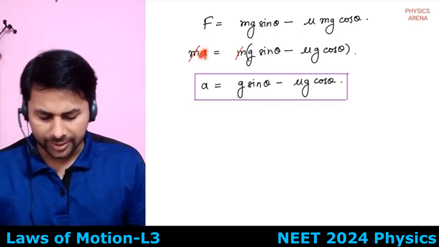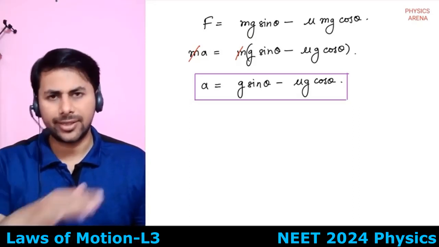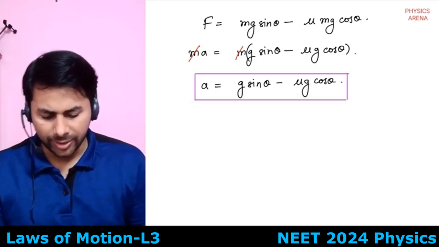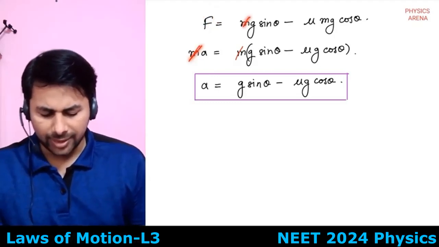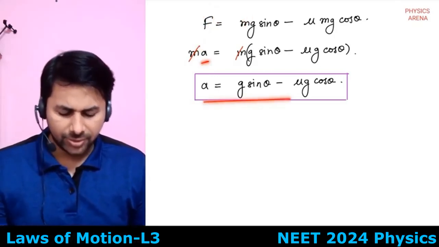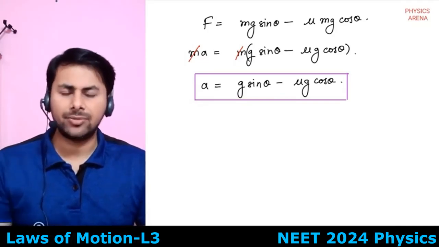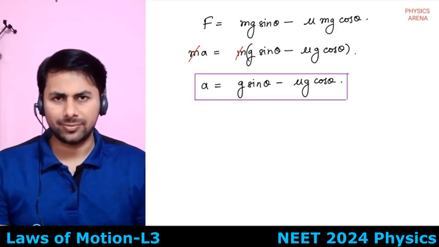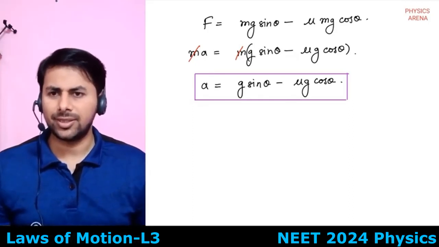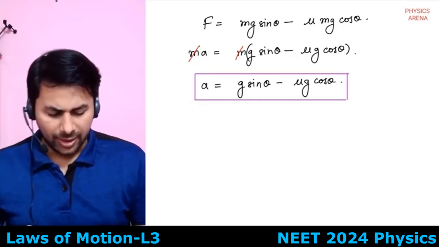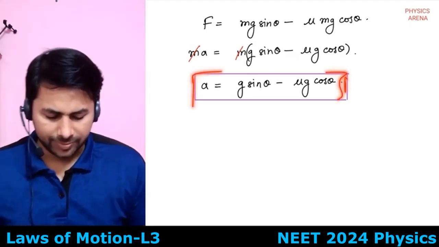Therefore, to get the acceleration along this surface, you write force equals mass times acceleration and cancel out the mass. You get acceleration equals g sin theta minus mu into g cos theta. Is it clear? We have to remember this formula.